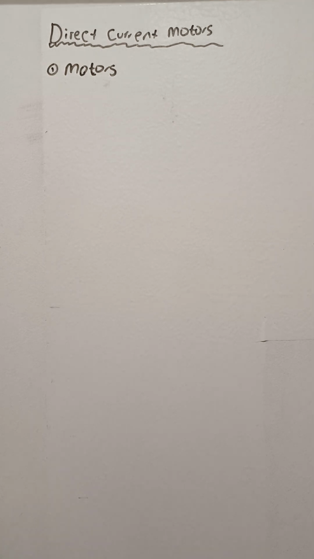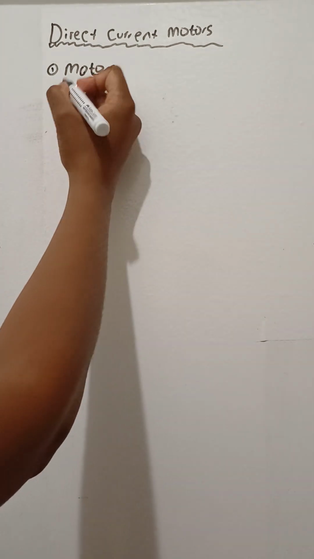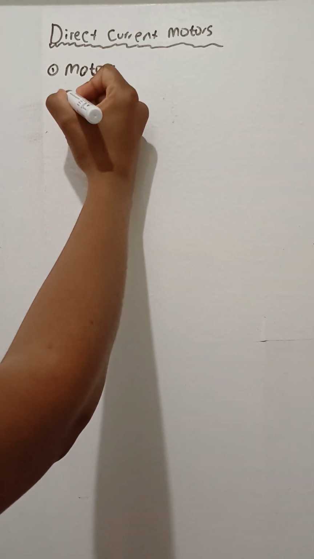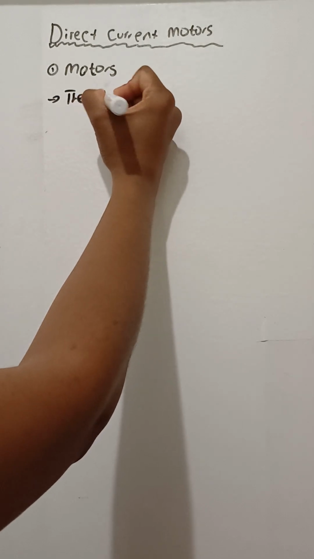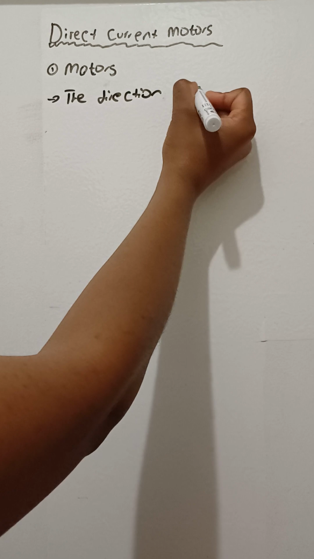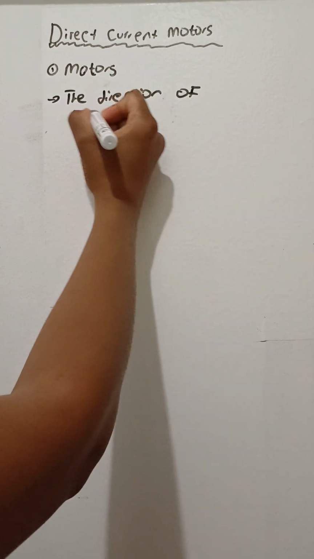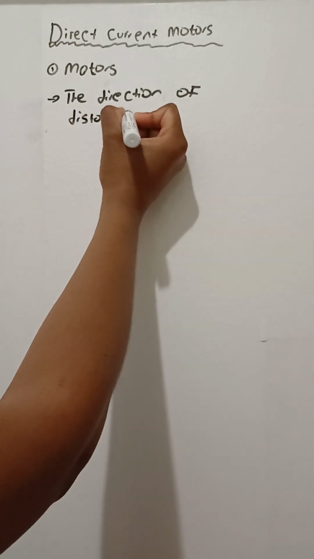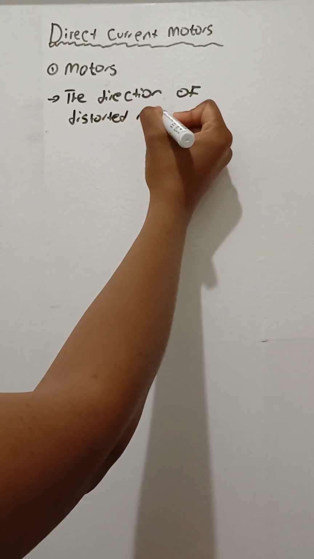Last but not least, about the operation of motor, it is this: the direction of the distorted magnetic flux.